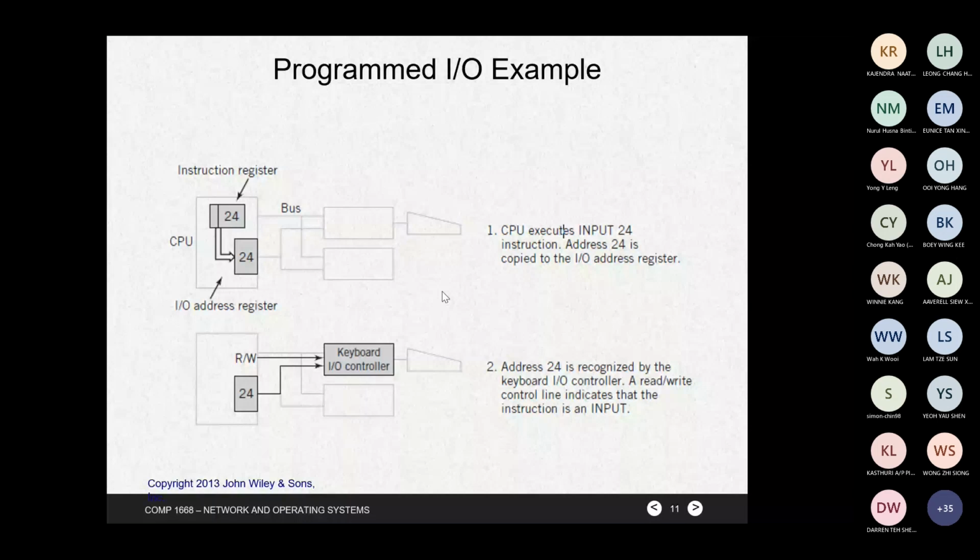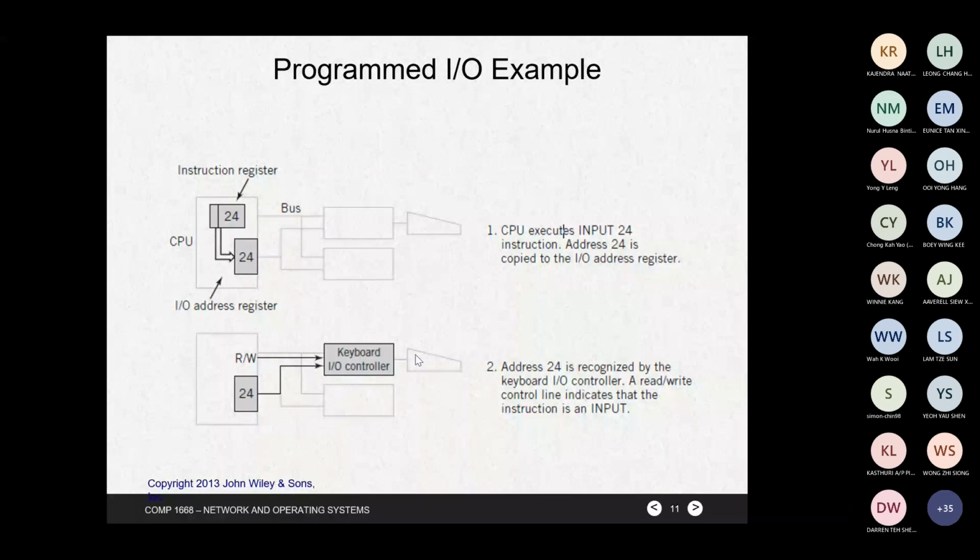Then how does the I/O, either the keyboard, in this case, or the mouse, understand whether the data is output or input? Because the keyboard, as you all know, is only input. Mouse also is input. But if the address is referring to the screen, for example, then it is output.